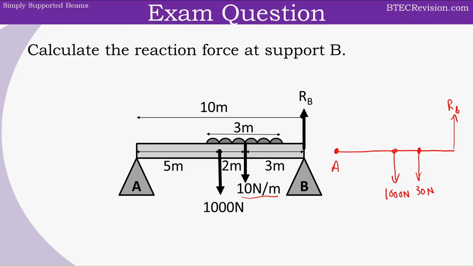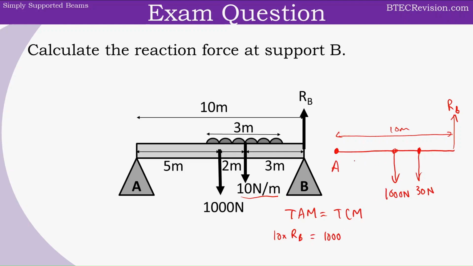Using the principle of moments, we can say the total anticlockwise moment is equal to the total clockwise moments. Looking at which one is anticlockwise, that's going to be the reaction force due to B. So therefore, we can look at the lengths. That's 10 meters. So that's 10 times the reaction force due to B. And that's going to be equal to the clockwise moments, and that's 1000 newtons.